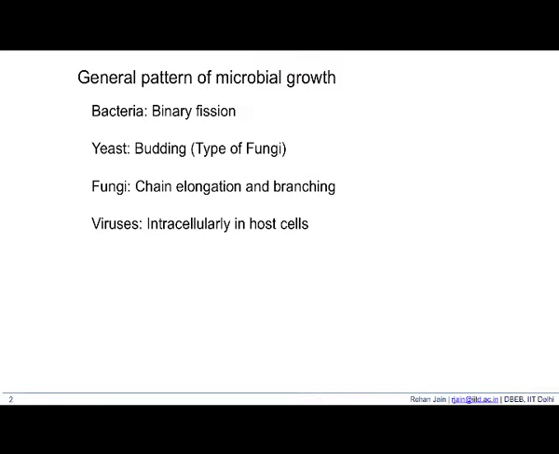So, the budding process for yeast multiplication is actually a fungal multiplication method as well, okay. So, this is just to clarify that I have put yeast and fungi in the slides as two, but there was a reason for that, but yeast is actually a subspecies of fungi.